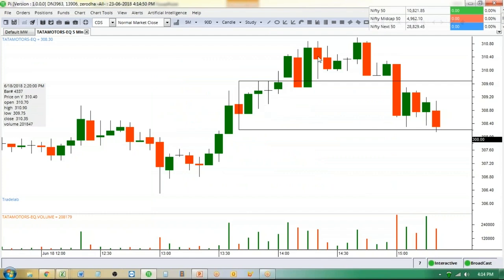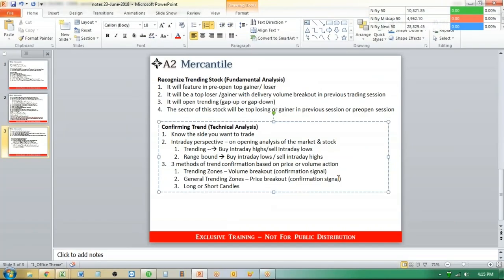Say you want to buy, and this is a general trend you want to work with. Then either the price breaks out in this direction, or the price breaks out in this direction and reverses back. Both are okay, but the signal is that the price will have to break out from this particular general trend box. So that is the confirmation signal.